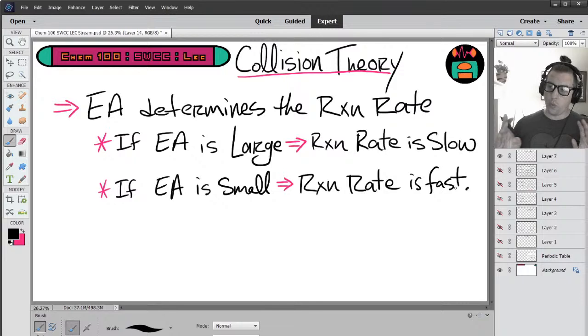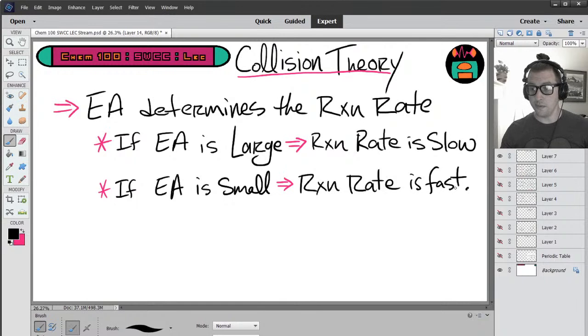So that's one feature of a reaction coordinate diagram with a direct influence on, and it's the key determining factor for, reaction rates, how fast reactions will go. You can't change the barrier of activation.